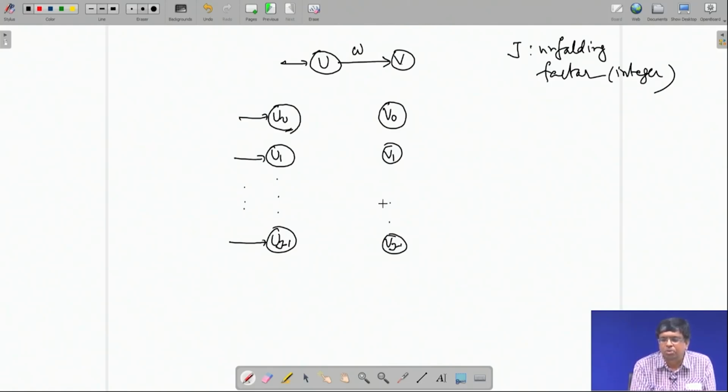So, system clock period will go up by a factor j, or rate will go down by a factor j. So, in terms of system clock, how many delays per edge here, that is what we will find out.